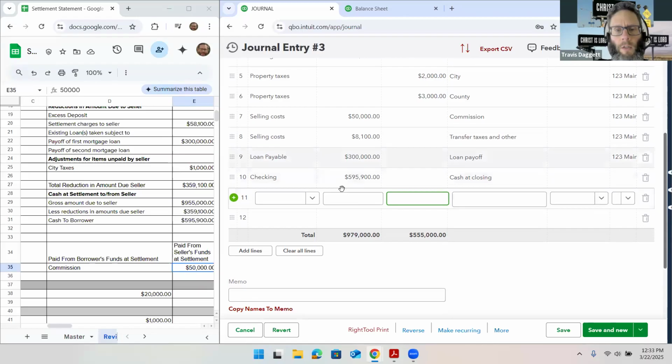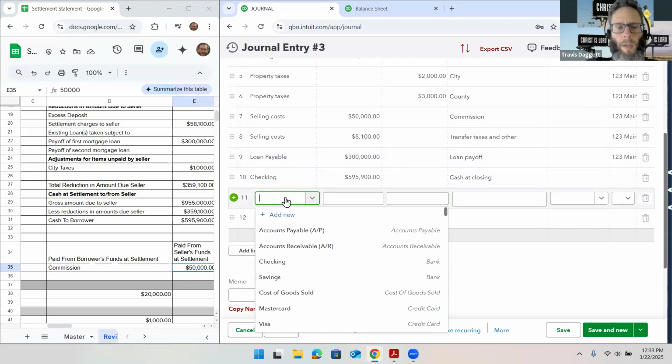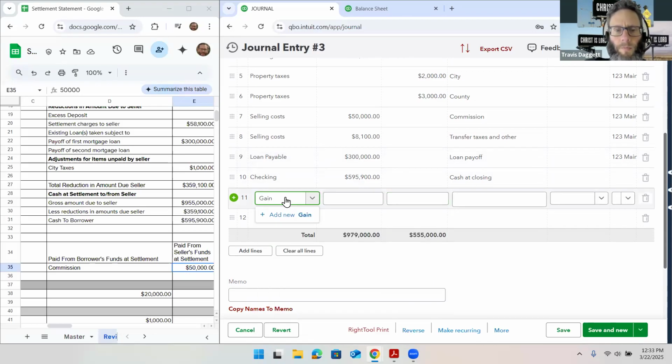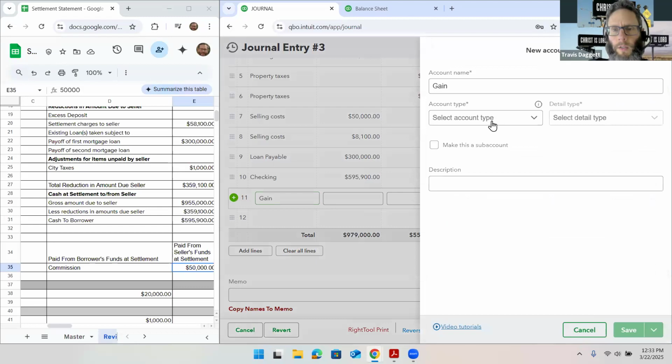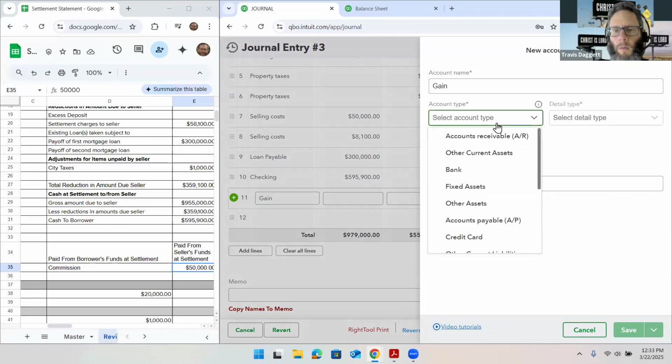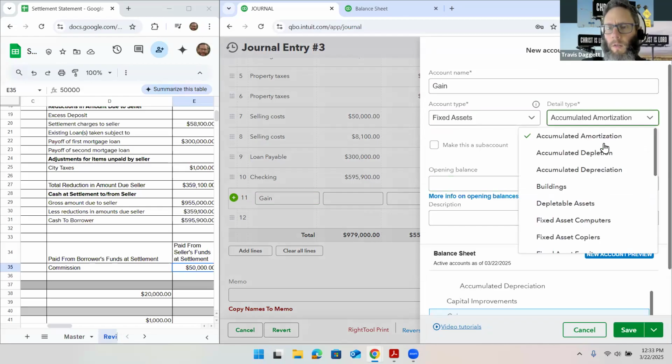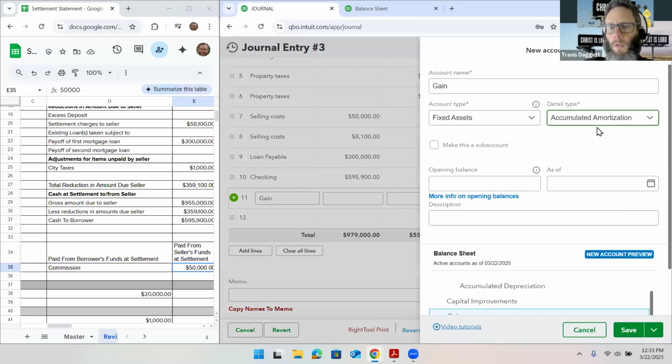Yep, and we could close out our loan here, but let's just do this first. So let's look at our, again, we're using the balance sheet.